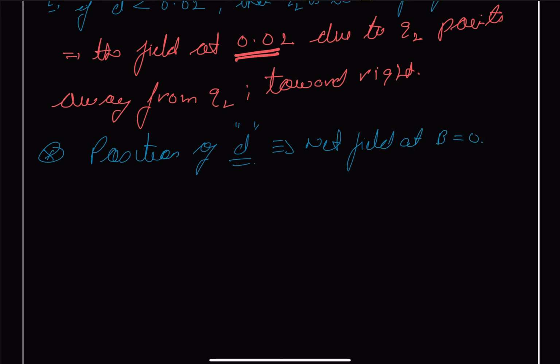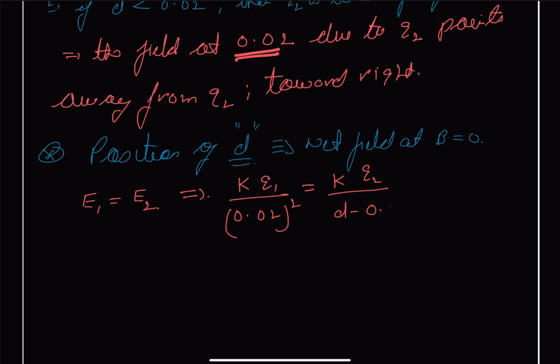Therefore, we can write that E1 will be equal to E2. We simply substitute the values. We get K Q1 upon 0.02 whole square is equal to K Q2 upon d minus 0.02 whole square.